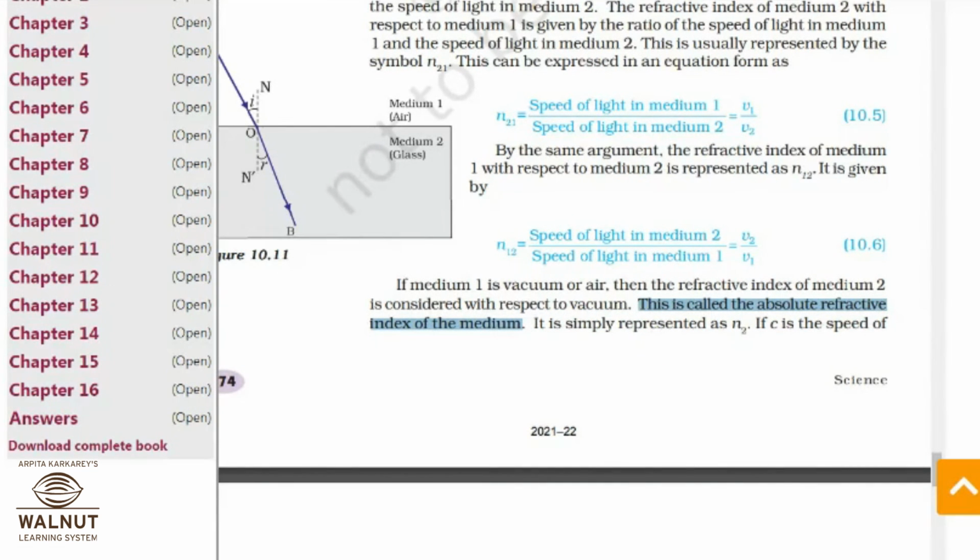Yes, anyone? Absolute refractive index is when you take medium 1 as a vacuum or air and the refractive index of medium 2 is considered with respect to vacuum, then it is called absolute refractive index, and it is simply represented by N2.